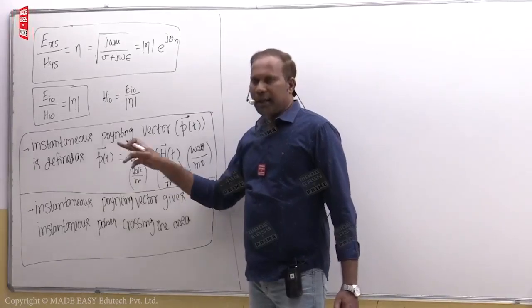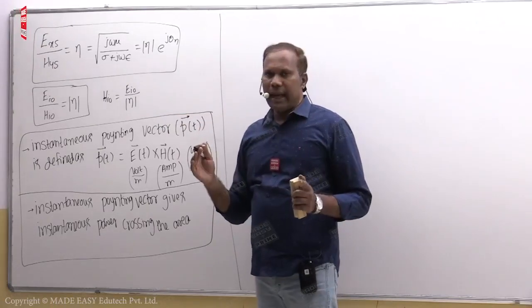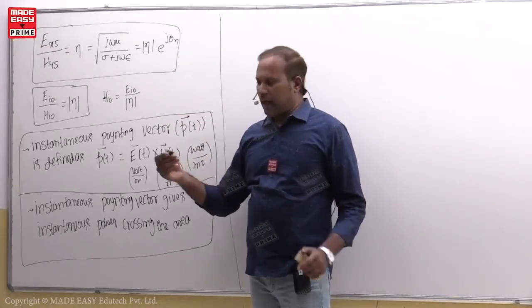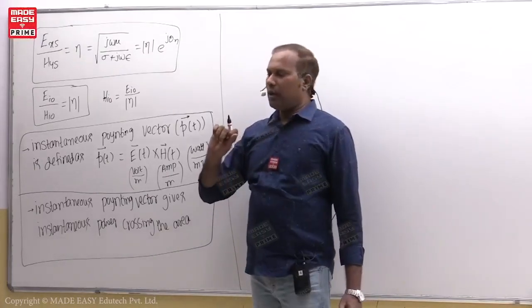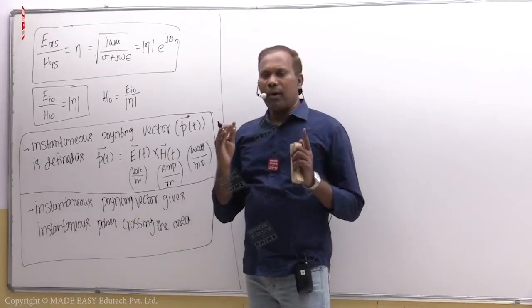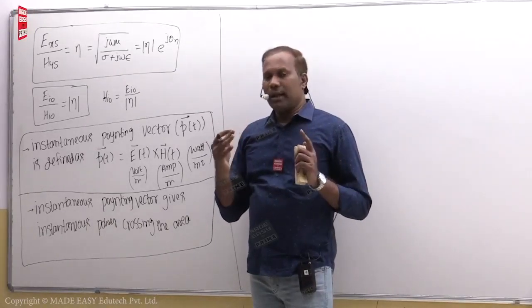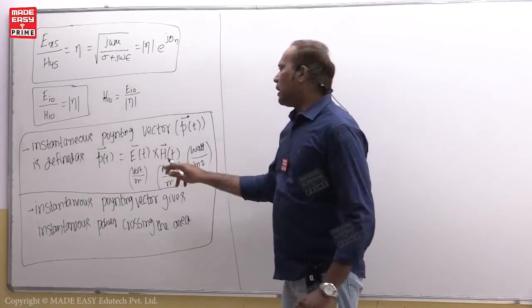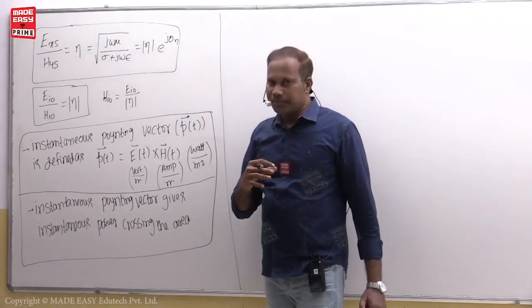You should understand, if the EM wave travels in x direction, power flows in x direction. If it travels in y direction, power flows in y direction. If it travels in z direction, power flows in z direction. That means here power flow direction is also required, given electric field and magnetic field.